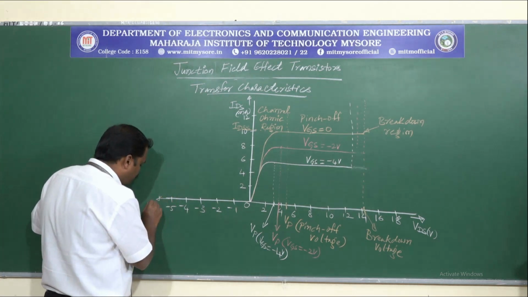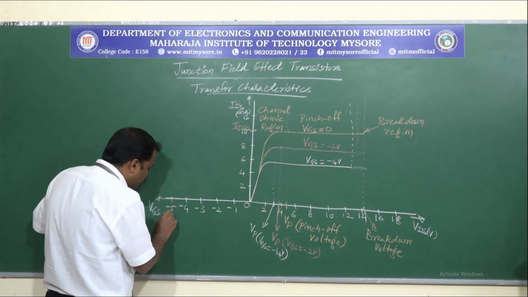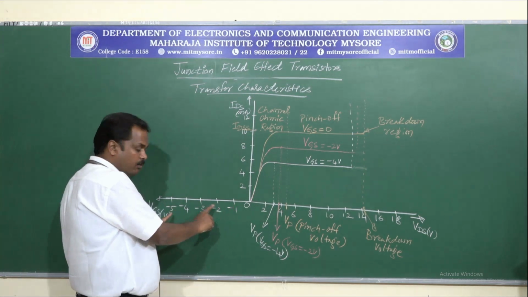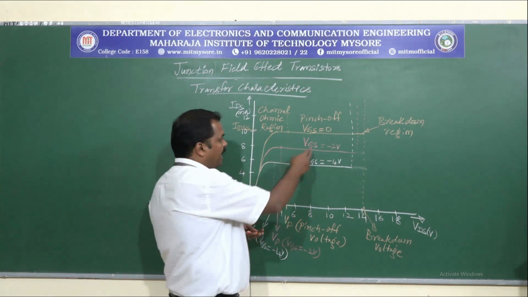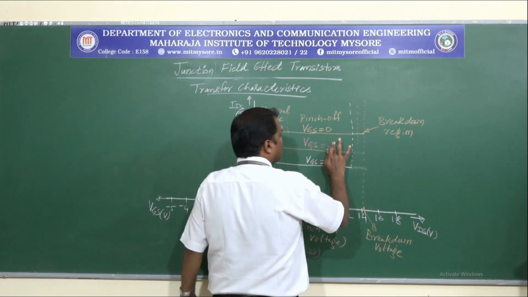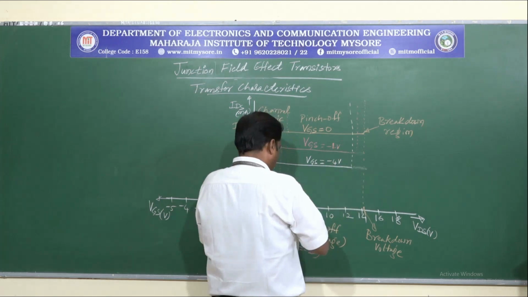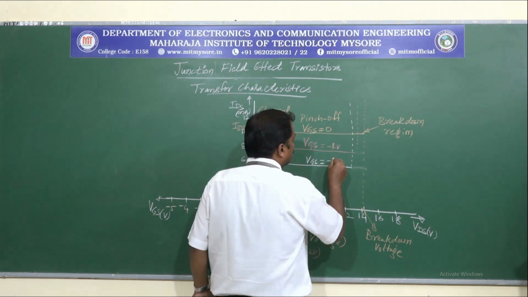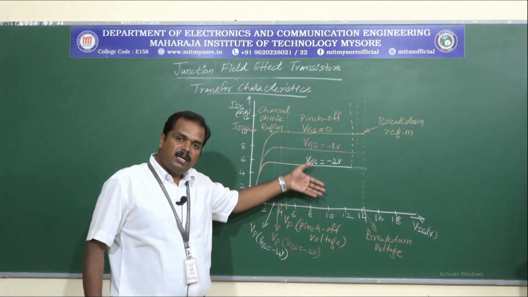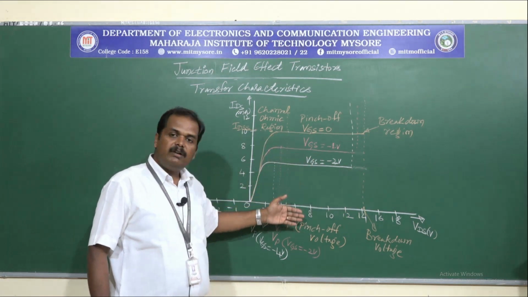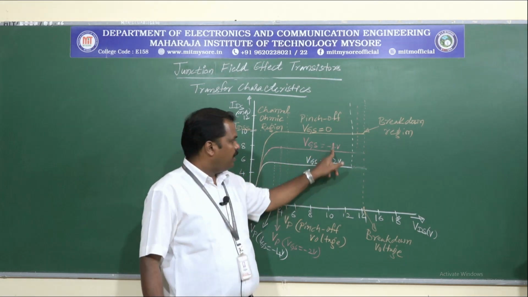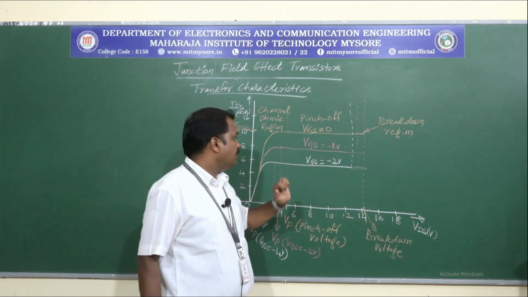Let this be VGS in volts, because here we have considered steps of minus 1, minus 2, minus 3. Further, if I go on decreasing VGS, the ID levels will decrease, as I just explained. I have just changed the references that I had considered.